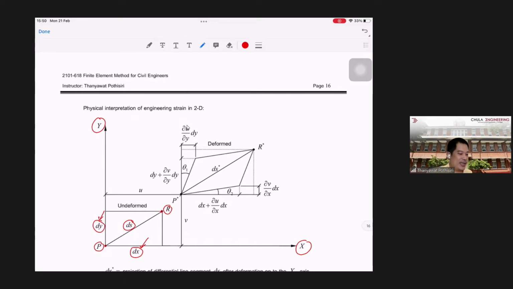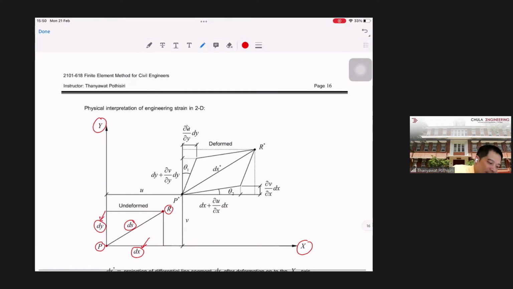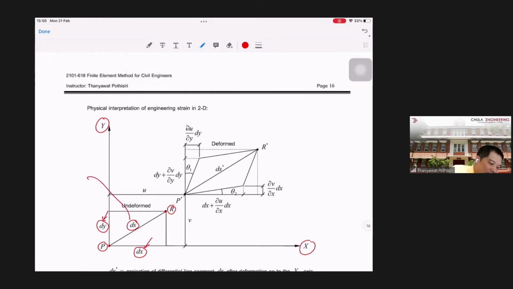Or basically, if I think of ds as very small or going to 0, so this dx and dy become your differential side of a point P, right?